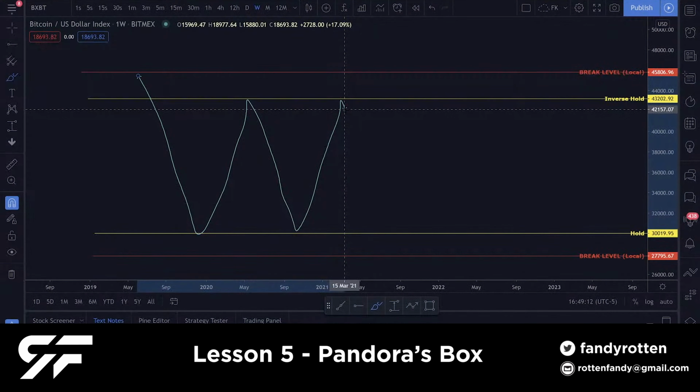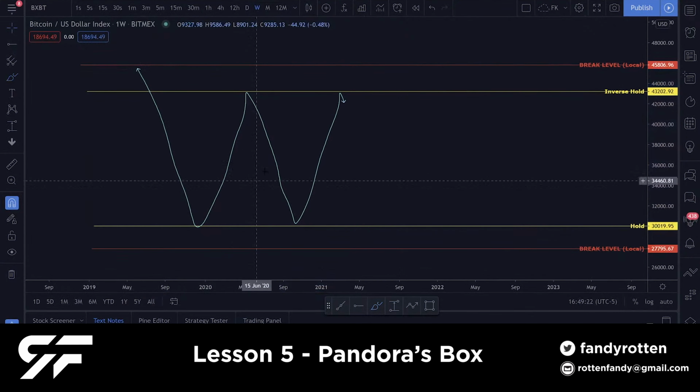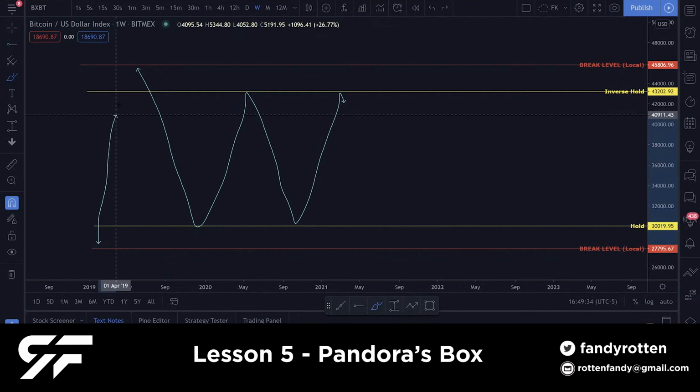So this is when we say that something is going sideways or it's stuck in a box, right? Where the legs on both sides have not been touched. There could actually be a leg on this side as well, right? So imagine the move going straight up from here to here, and then from there it started dropping.